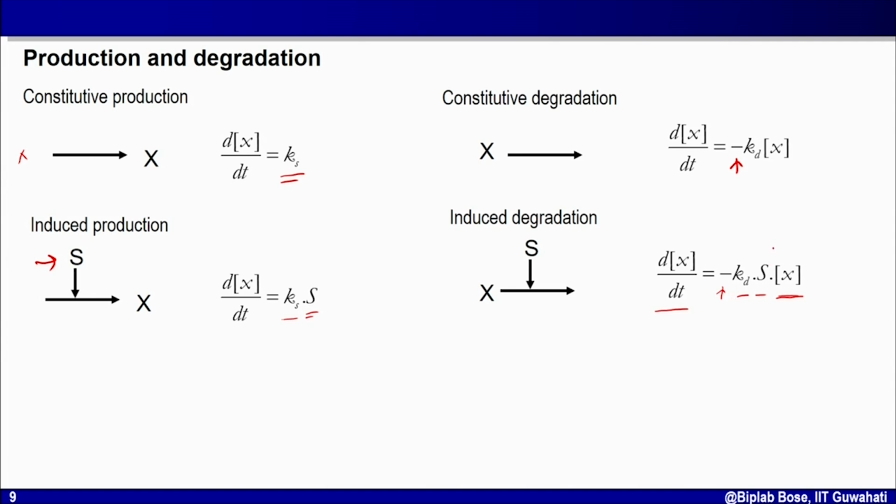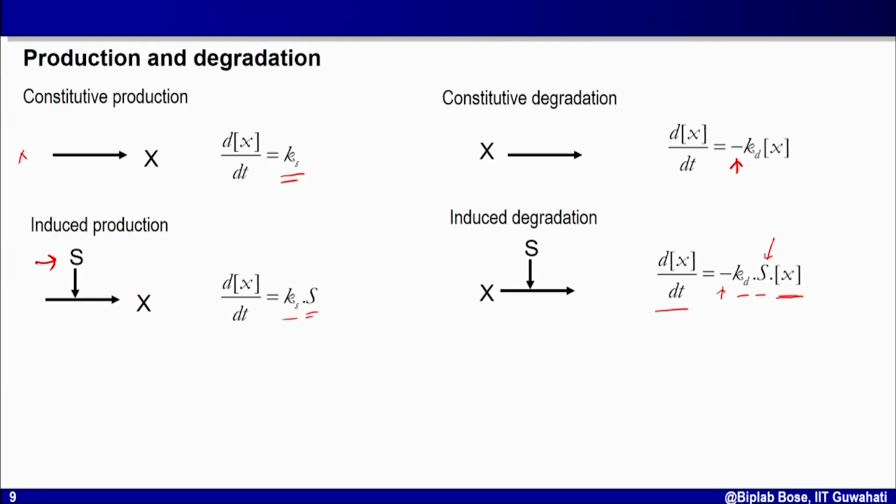Now note that when S is equal to 0, this rate will be 0. Obviously, because you have assumed that S is inducing the degradation of X. In absence of S, there is no degradation of X. So now let us club this degradation and production together.